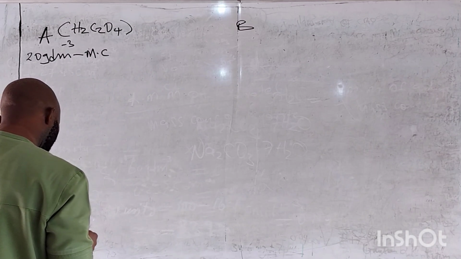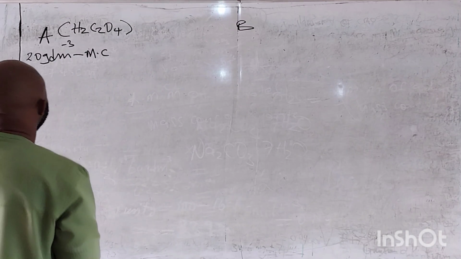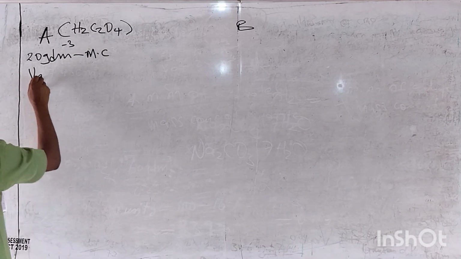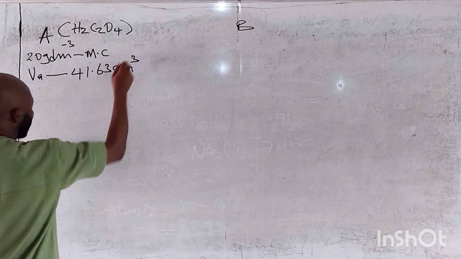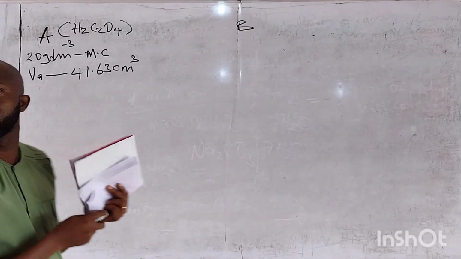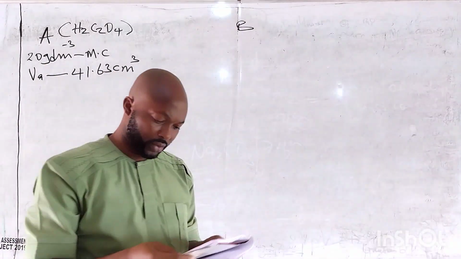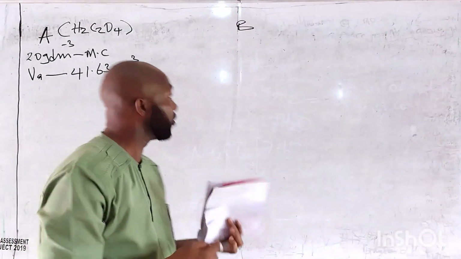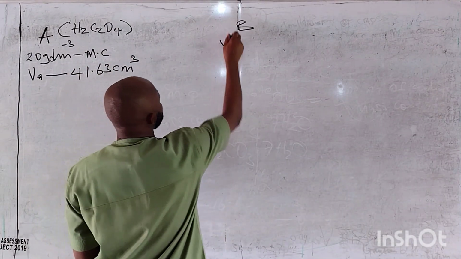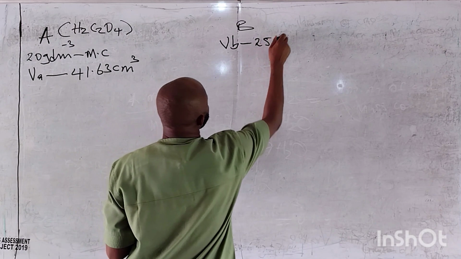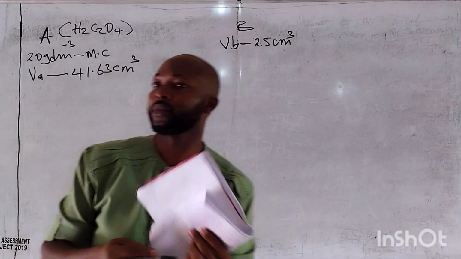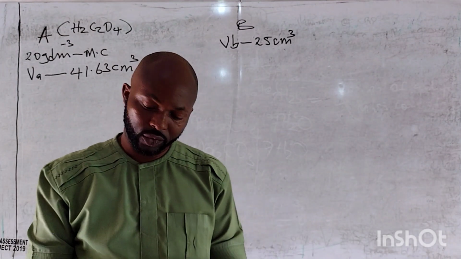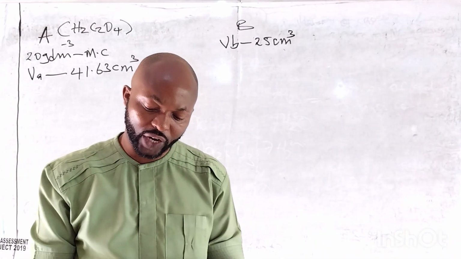Crystals in 1 dm³ of the solution. 41.63 of A, which means the volume of the acid, VA, is 41.63 cm³ of A. It required 25 cm³ of B. The volume of the base is 25 cm³ for complete neutralization.